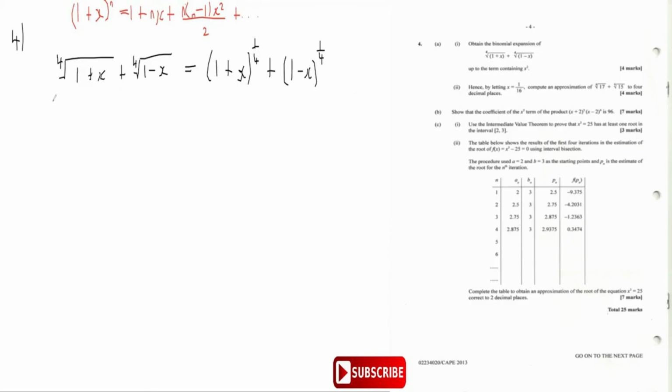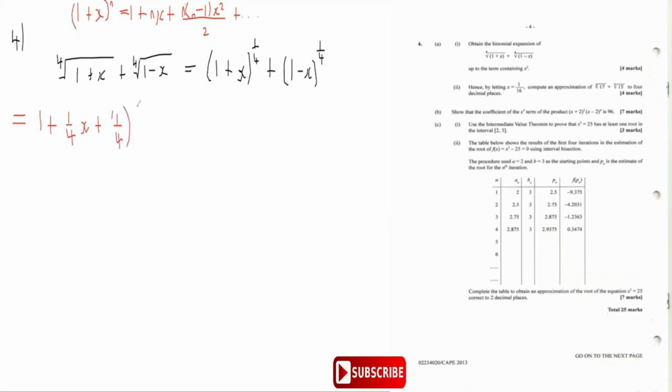So using binomial theory, for the first part, 1 plus x to the quarter, n is a quarter. So overall this is going to be equal to 1 plus nx. I said expand it up to x squared, so we can stop there. So it's 1 plus a quarter times x, plus n, which is a quarter, times n minus 1.